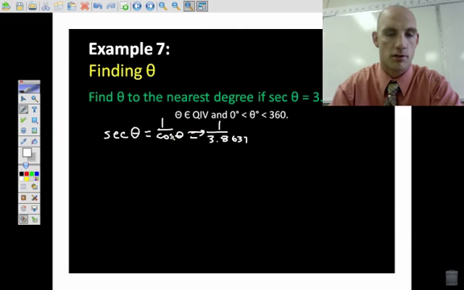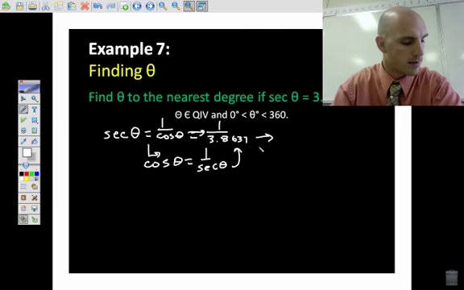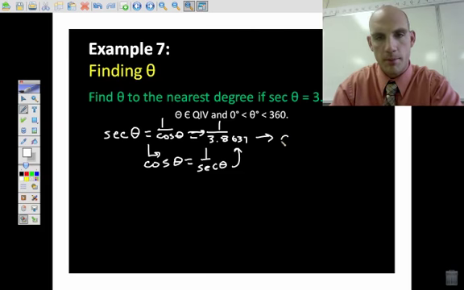I know that secant is 1 over cosine, so that means that cosine is 1 over secant theta. This is going to give me a decimal value. When I come up with that decimal value, I'm going to put that into my function.